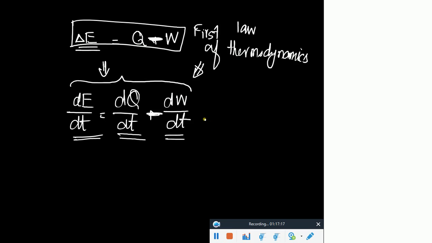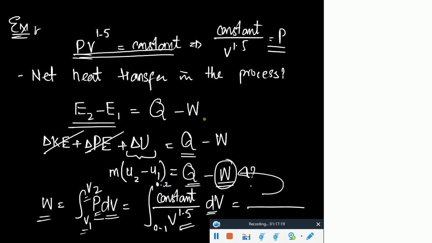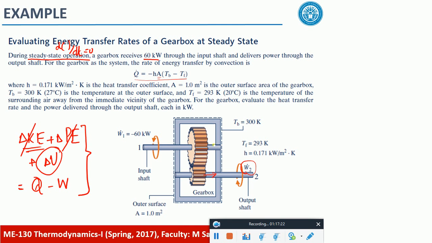And one very interesting point could be, if I say that you also need to consider the radiations emitted by this gearbox, then what would be Q dot? Sir, it would be the plus the radiation. Yes, obviously then Q dot would be what? Then this would be the total heat transmitted out of the system.